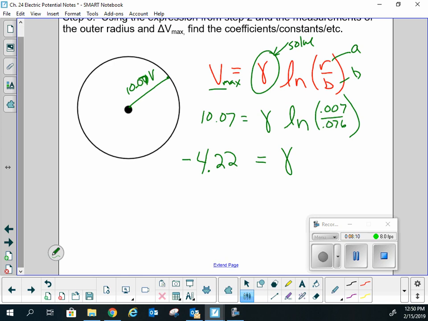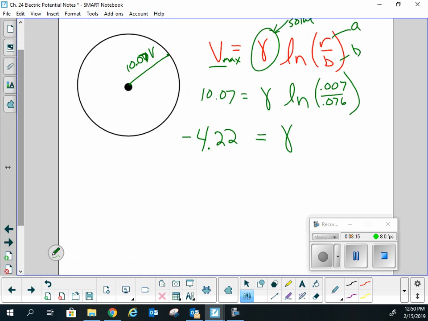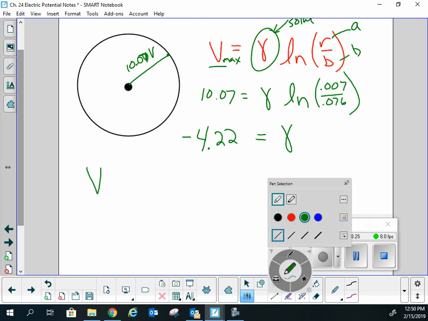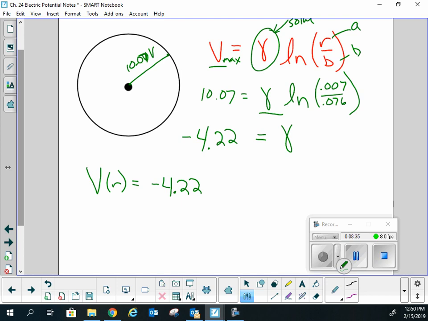Then, once you've gotten to that point, you can simply start substituting back into your original expression, and then we get our equation. So again, we'll say V is equal to, so the potential as a function of radius, so if you wanted to put that as a function of R in there, you can certainly do that. V of R is equal to our constant value up front, -4.22, times the natural log of R over the value of B, and the value of B is 0.076.